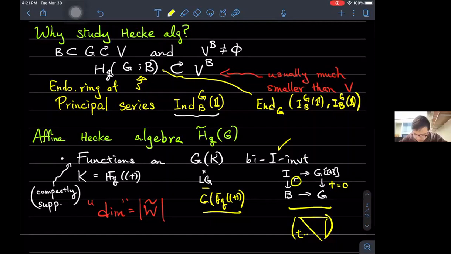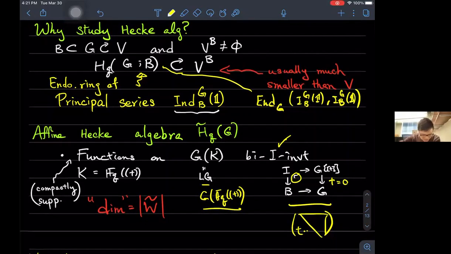Oh, it's a fiber diagram, a fiber product. I only consider compactly supported functions because this time the double coset is indexed by the affine Weyl group. So I don't want to consider the infinite support.